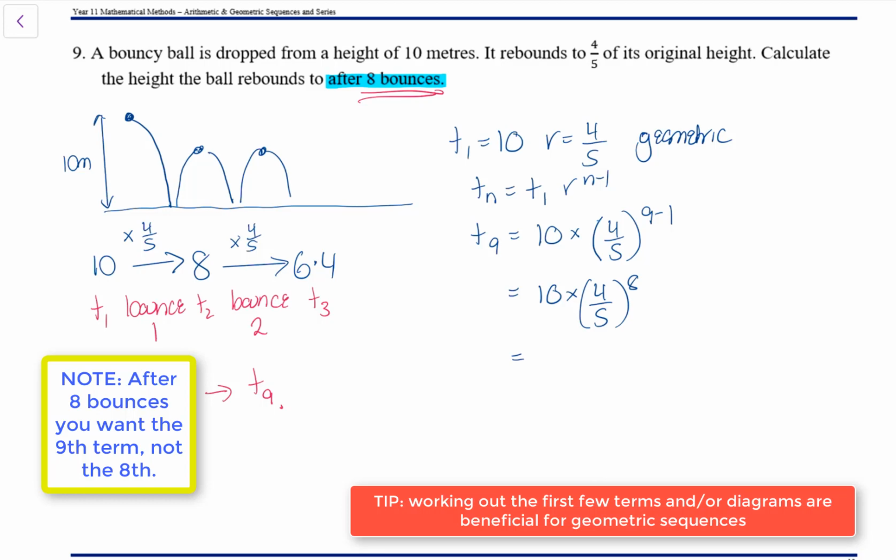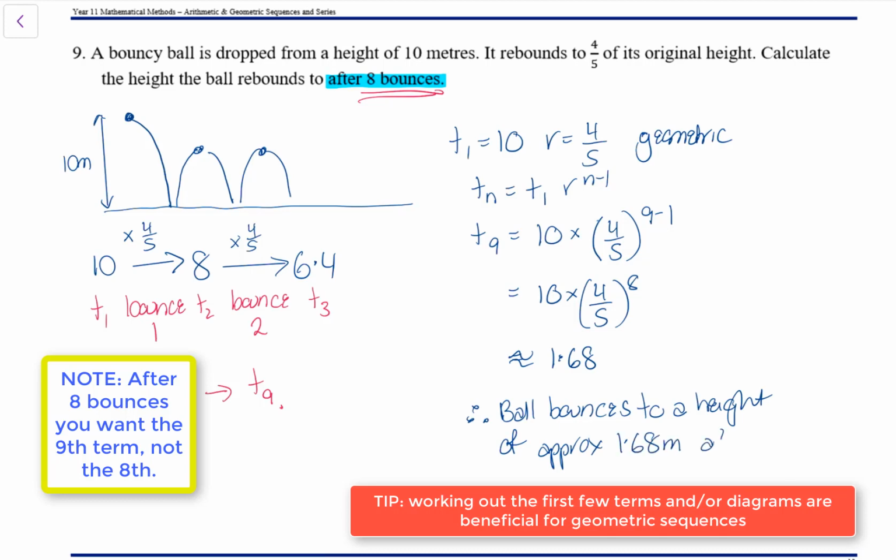And we go to our calculator, that's approximately 1.68. So therefore, the ball bounces to a height of approximately 1.68 metres after 8 bounces.